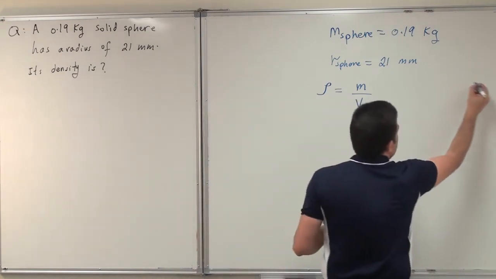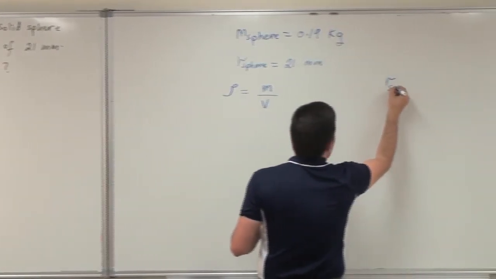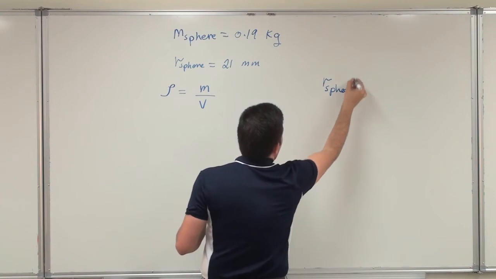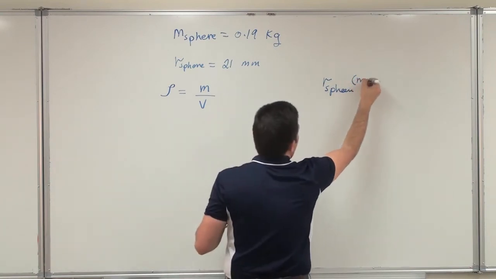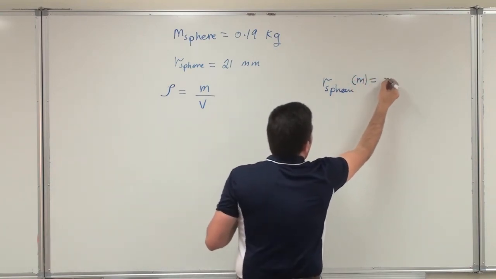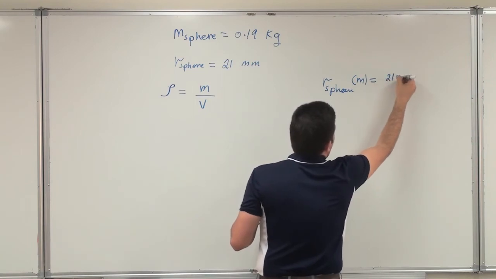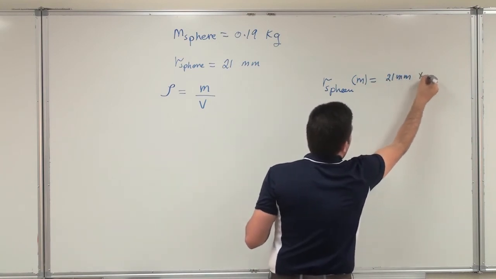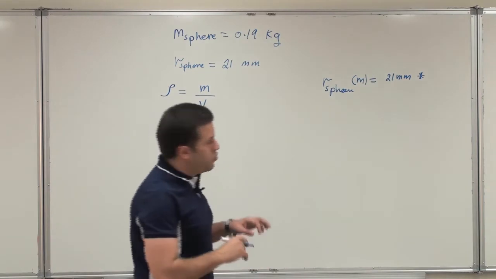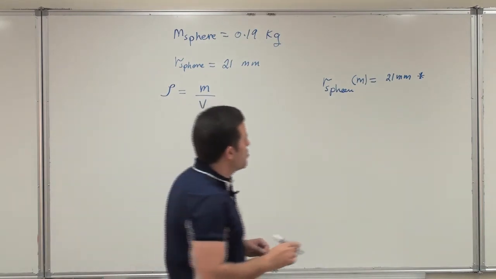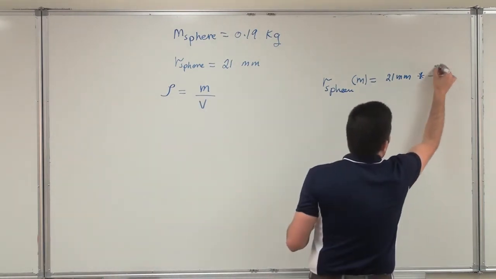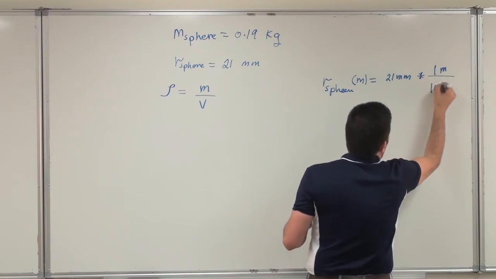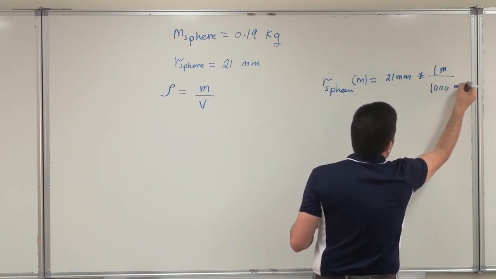So the radius of the sphere in meters will be the 21 millimeters, and then I need to multiply by the conversion factor between meters and millimeters, which is 1 meter equals 1,000 millimeters.